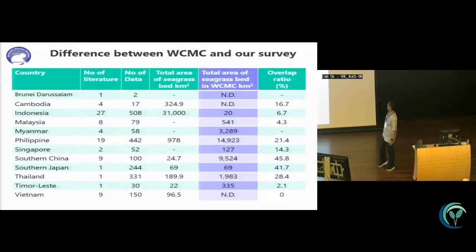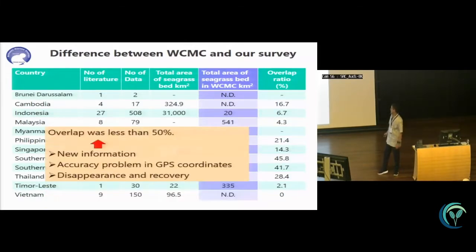In the Philippines, there's a massive decline. And the most important thing is that the overlap in position is very low, less than 50% overlap between our survey and the UNEP data. That means it's not an indicator of disappearance or recovery.